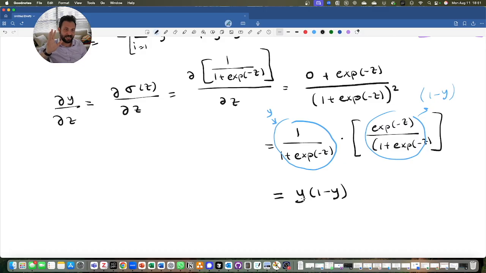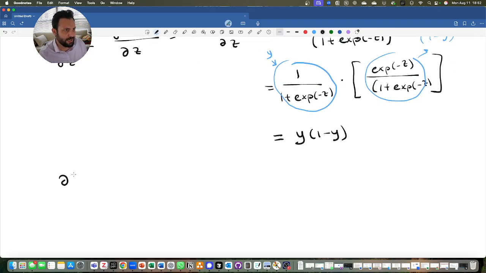Notice that as y goes close to 1, you think that this is going to go high, but this 1 minus y term is going to suppress that. And similarly, as y goes to 0, this term is going to suppress that. Notice how this term becomes more emphasized as you get away from the asymptotes.